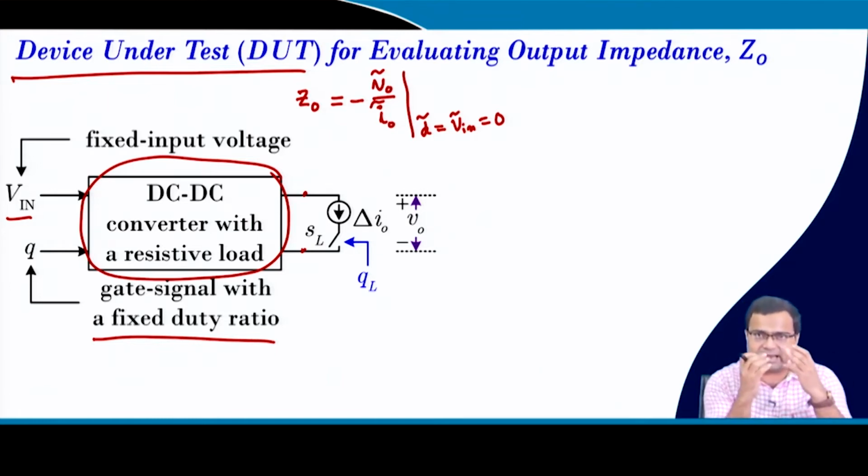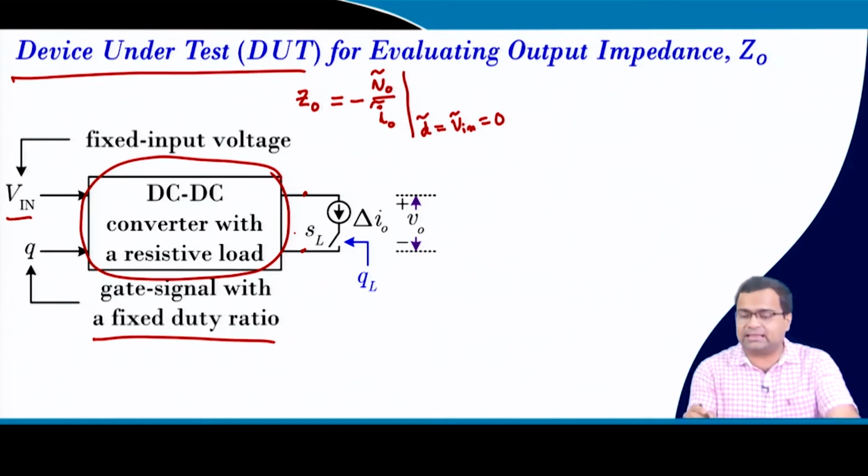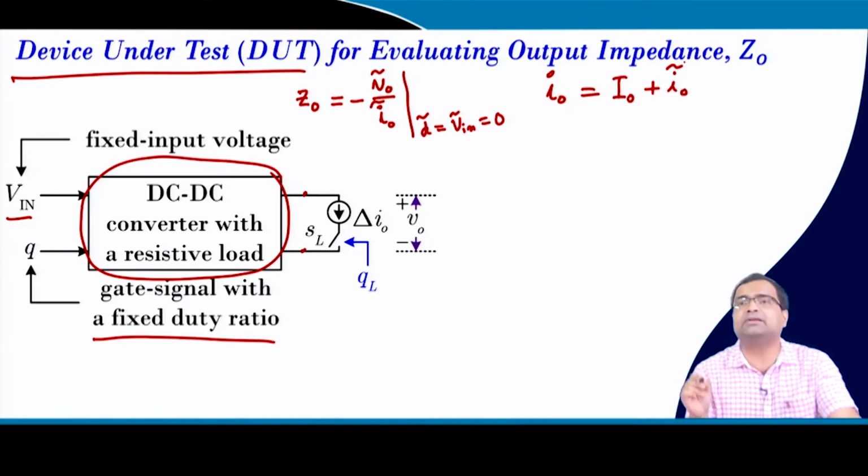So, we can connect an external sinking load and slowly change the load by a sinusoidal excitation, and we can do a frequency sweep and then measure the peak to peak AC output voltage. The load current will have a constant component, and on top of that a perturbation load current, which will be a sinusoidal excitation.